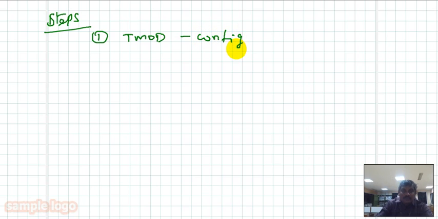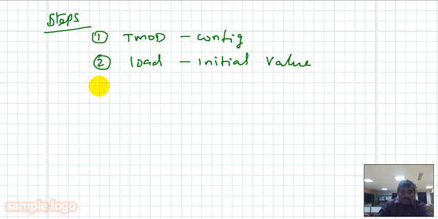And again, before starting the program, I list out the algorithm, the steps to be followed for any timer or counter program. The first step is you configure the TMOD register. This we have done. And step 2, load or identify the initial value. This we are going to do now.